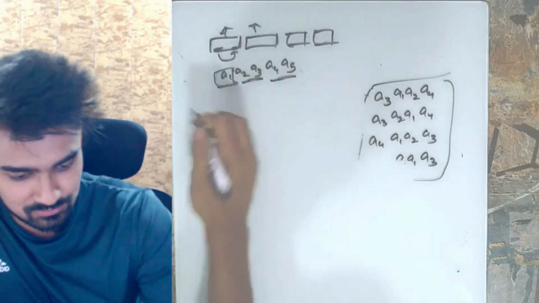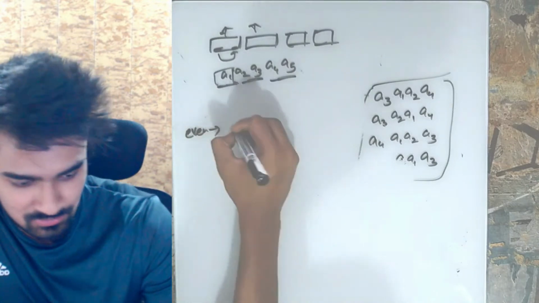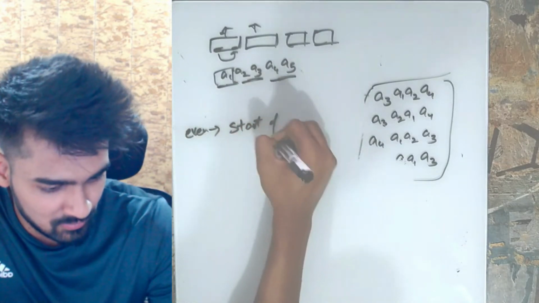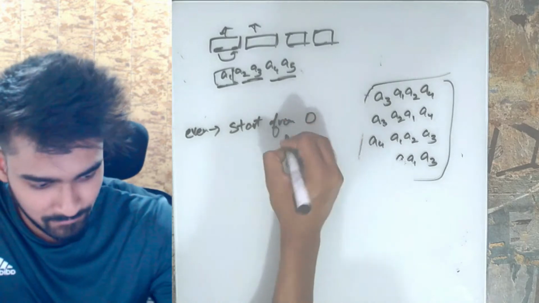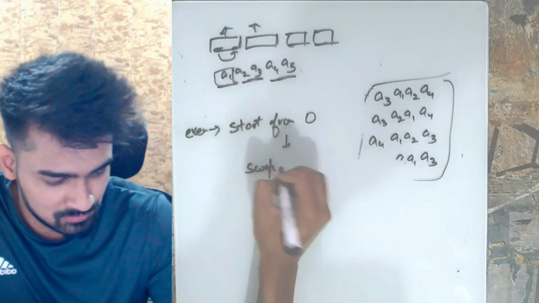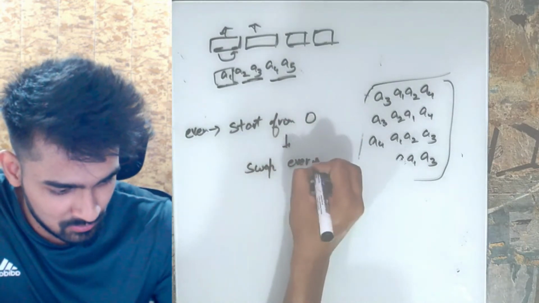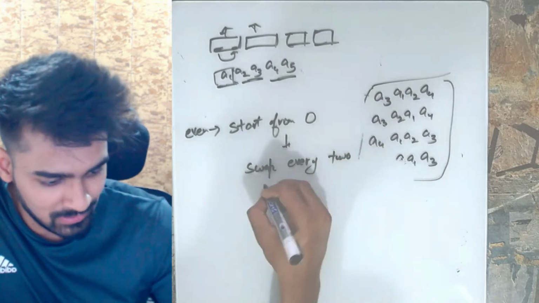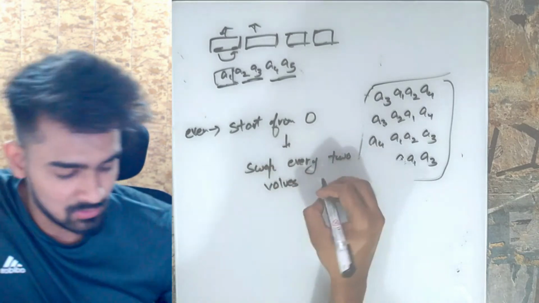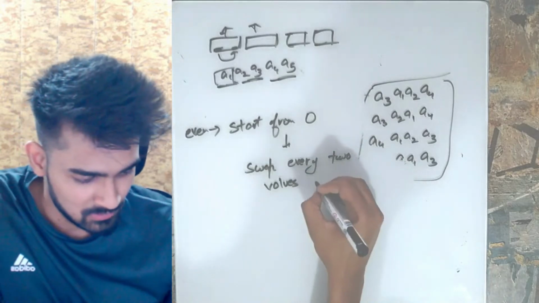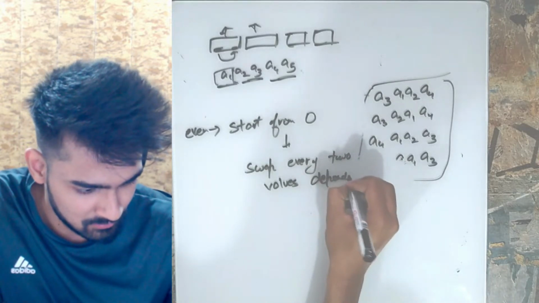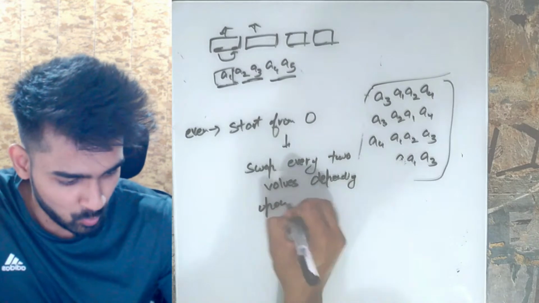So basically, if it is even, then start from 0, swap every two values depending upon which is bigger.